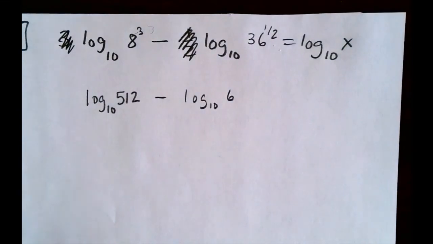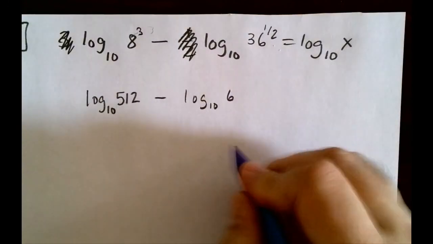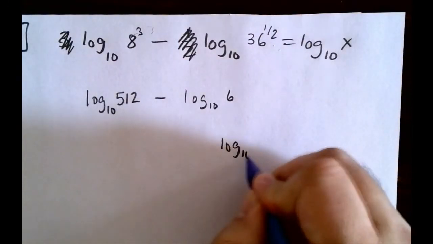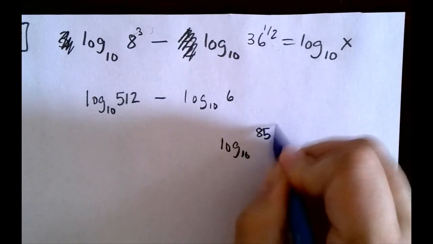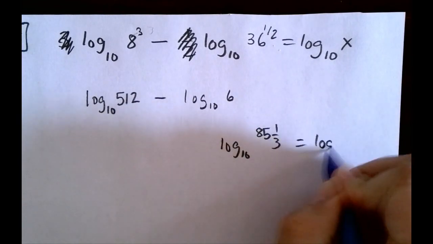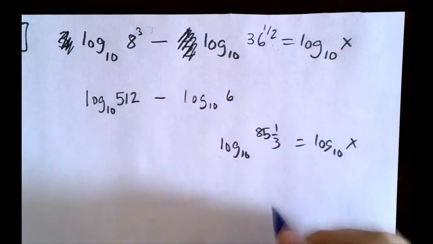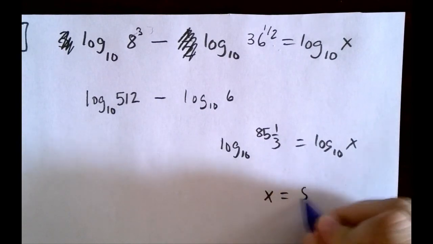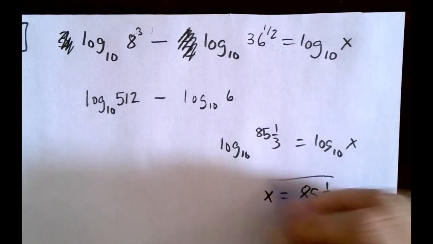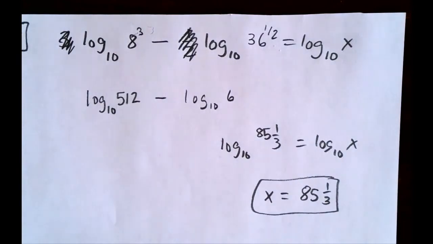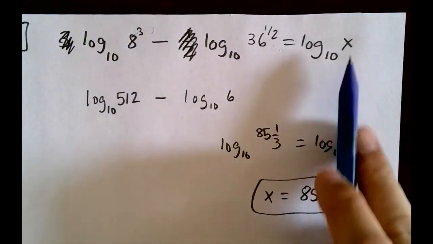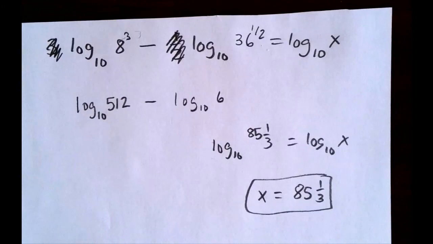And then we have a division. We're now going to take 512 and divide it by 6, which gives us 85 1/3, or 85.3 repeating. Then the arguments are equal, so the answer is 85.3 repeating, or 85 1/3. When that's substituted right here, it does check.